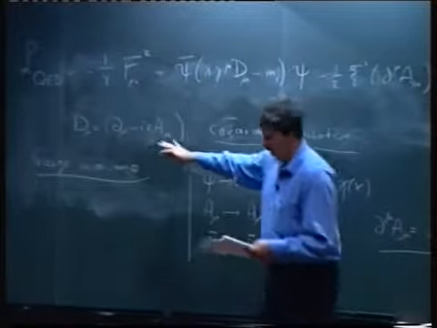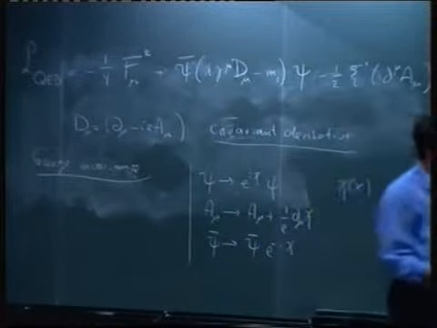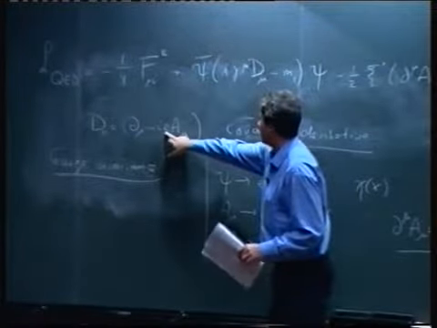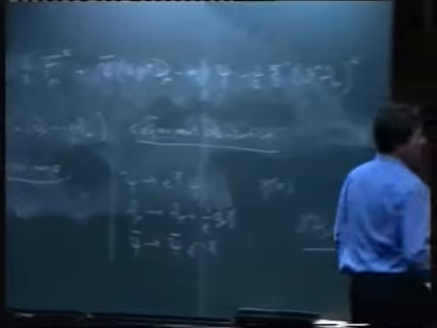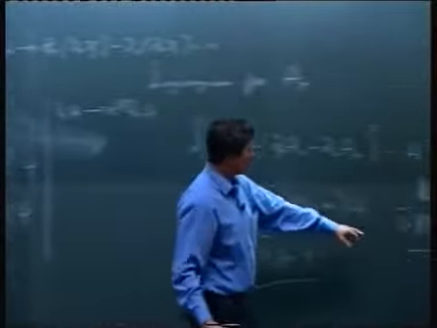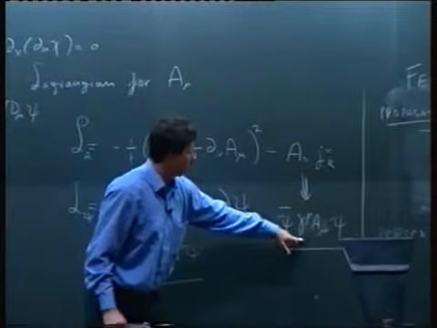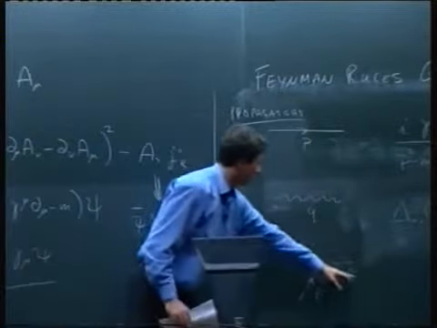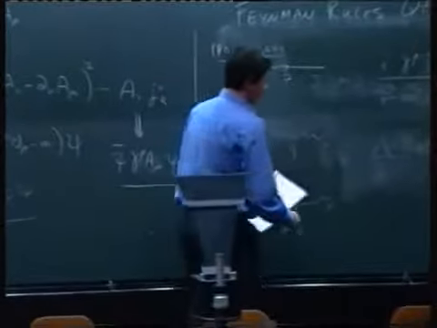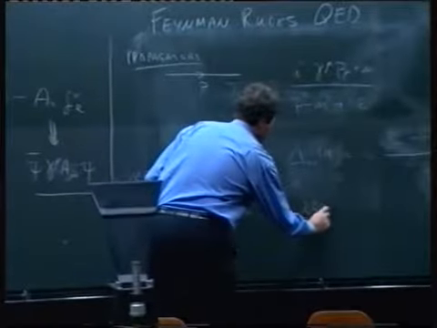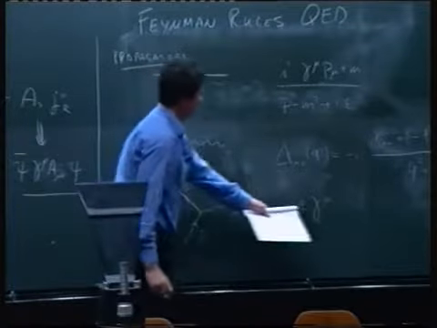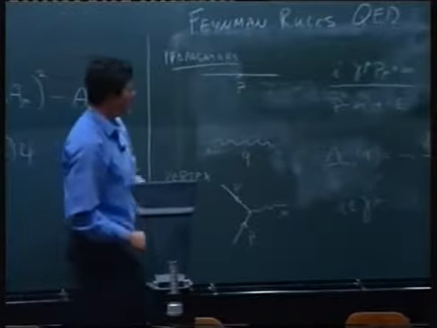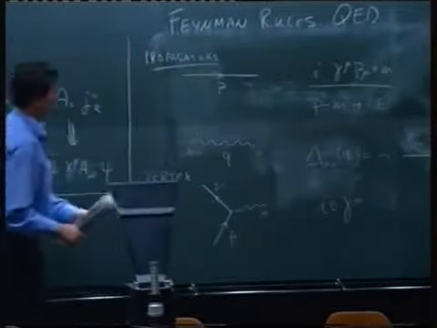So we find that at the vertices we have to write down the combination of this electric charge together with the coupling that we have here, which also involves a gamma matrix. So there is a mu index associated with the vertex because the photon had a mu index. And so we find that at the vertices we have to write down a factor, which is i times e, the electric charge, times the gamma matrix, the Dirac gamma matrix. And this is all that you have to write down at your vertices.